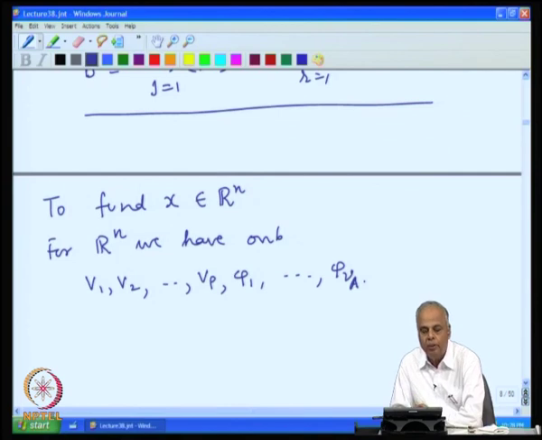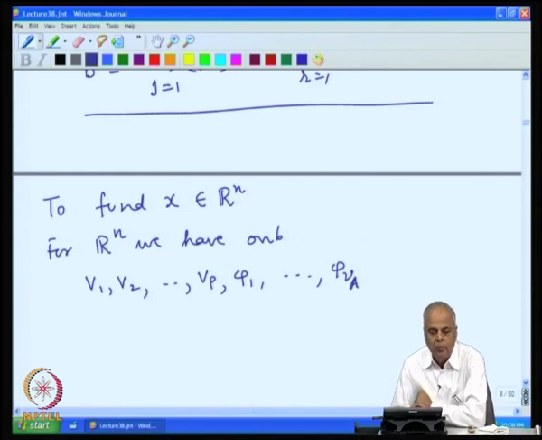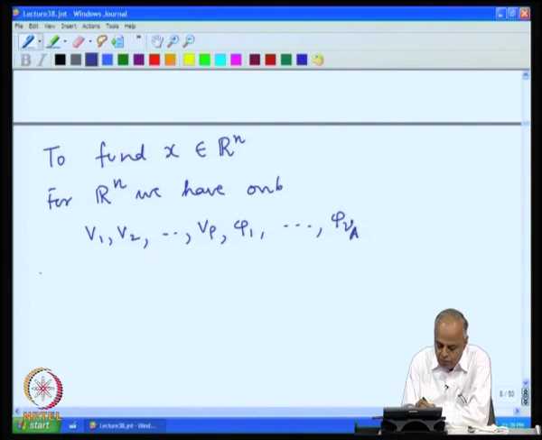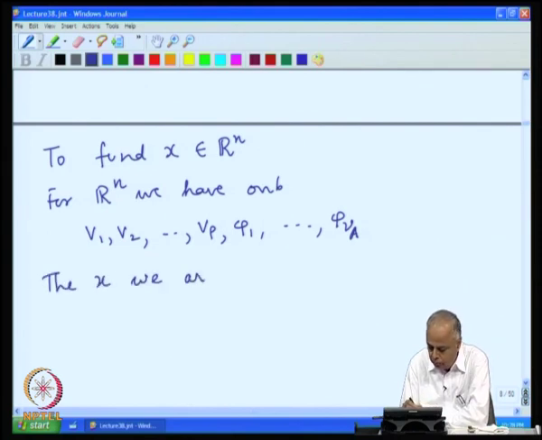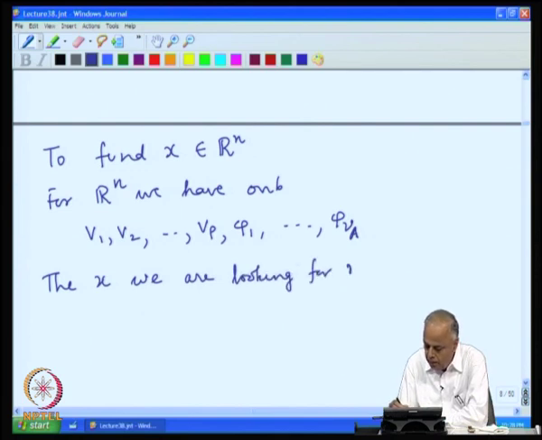Therefore, if we are looking for our solution as a vector x in R n, it must be a linear combination of these basis vectors.